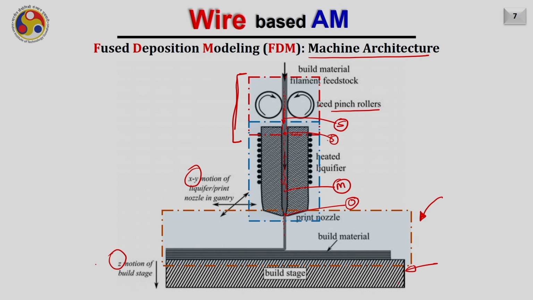The XY motion is required to deposit the material in the XY plane to fill the area and add the material wherever required. The Z motion is required after completion of each layer. When the part is fabricated to a certain Z height, the entire platform will go down and the next layer will be deposited.